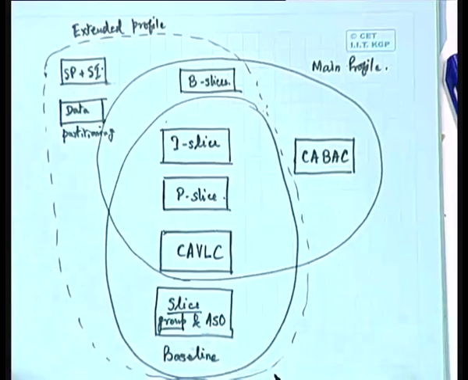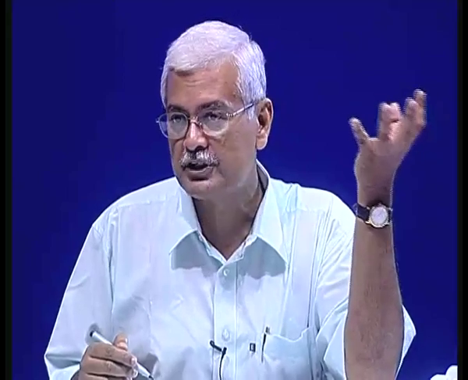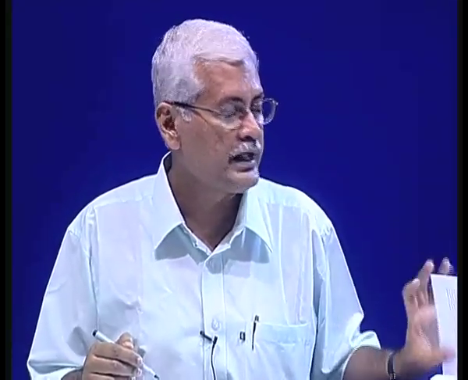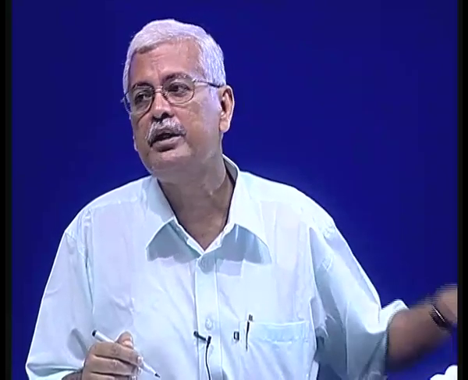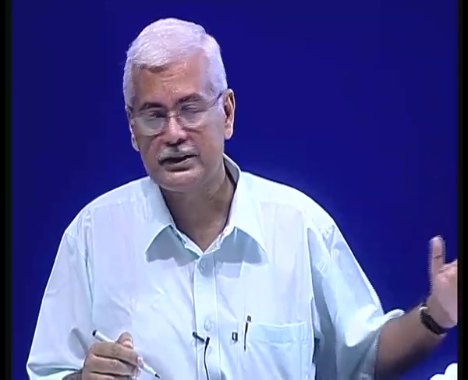Now, I need to talk about slice group. I have mentioned it, but I have not talked about it so far. Slice group, as the name implies, is a collection of slices. A slice in turn is a collection of macro blocks, and slice groups are collections of slices which may not be in the raster scan order.